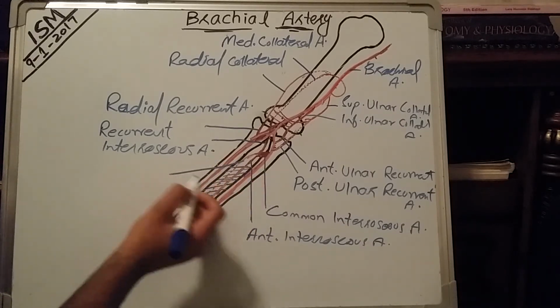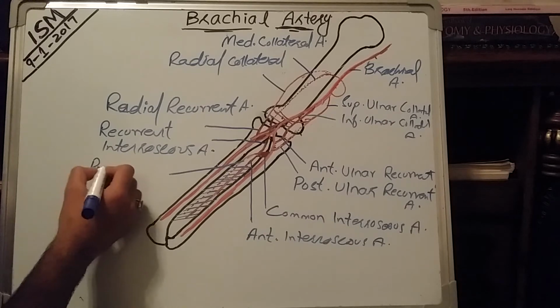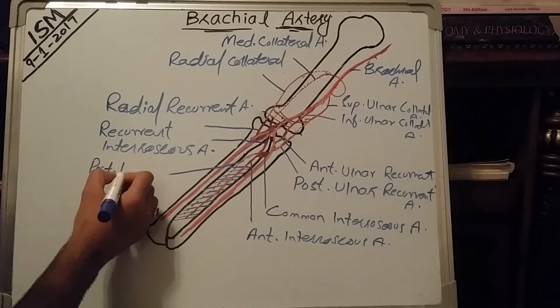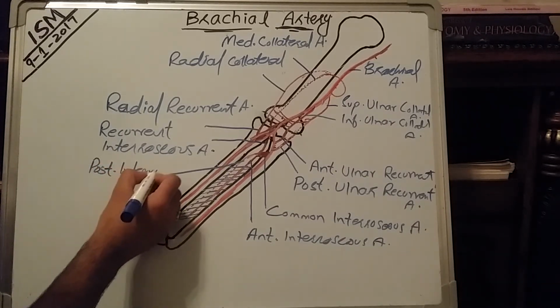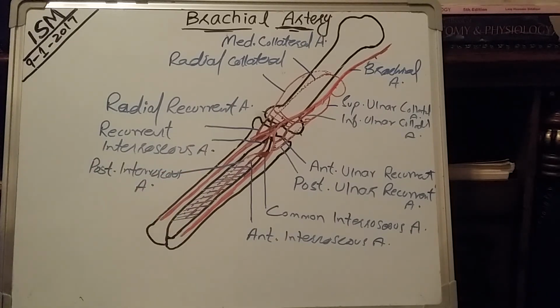And this one, which moves to the back side of the interosseous membrane, is the posterior interosseous artery. So these are all the branches of the brachial artery; I hope you can remember them.